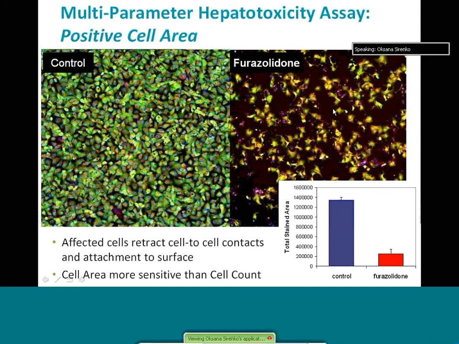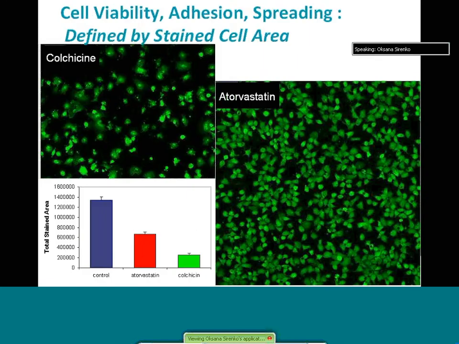So there could be not only changes in pure cell number, but also changes in cell morphology. To quantitate that, other parameters could be used, such as total positive cell area. It apparently has greater sensitivity and dynamic range than plain cell count.